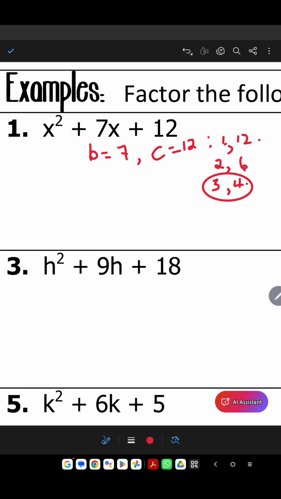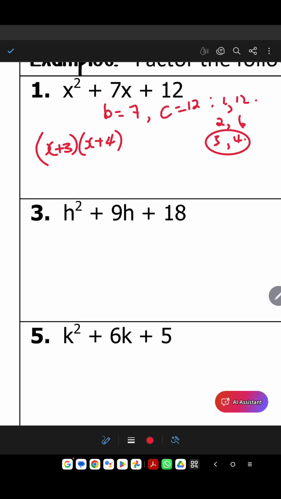So all we have to do here, ladies and gentlemen, is to open our parentheses. We have an x here, and then we use each of the factors in it. So we have x plus 3 and another parentheses with x plus 4. Ta-da! That's it. That's all we need to do.